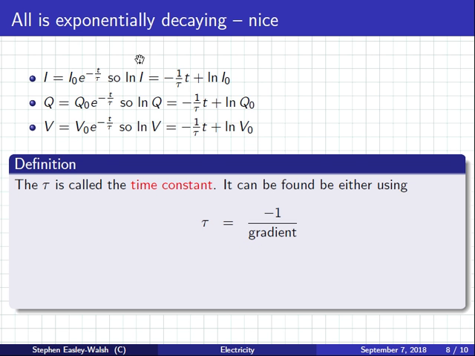But there is another way to calculate tau, interestingly. It's easier, but it only works if you know R and C. If you know the R and you know the C, then you can calculate tau using this formula.